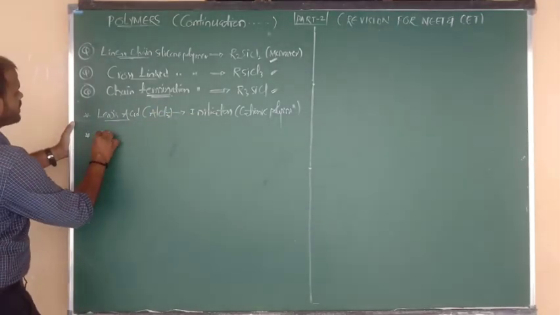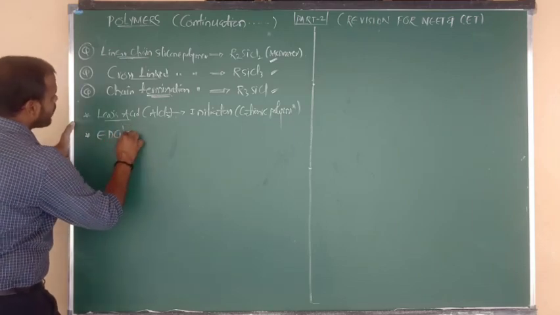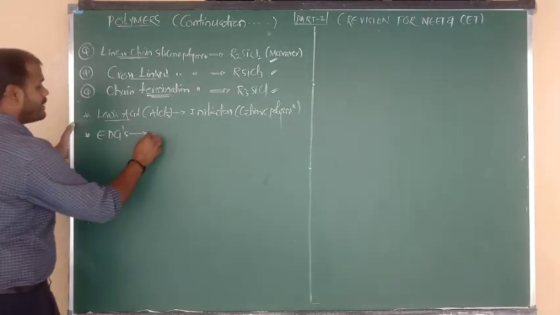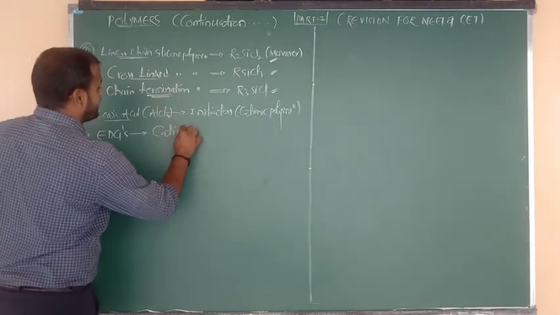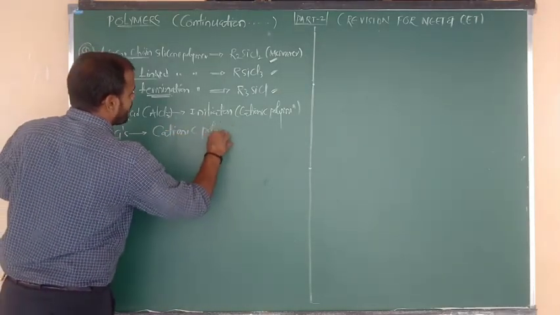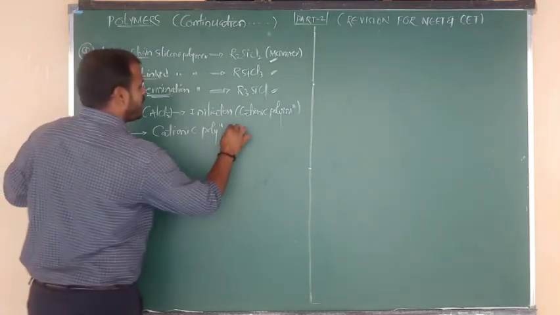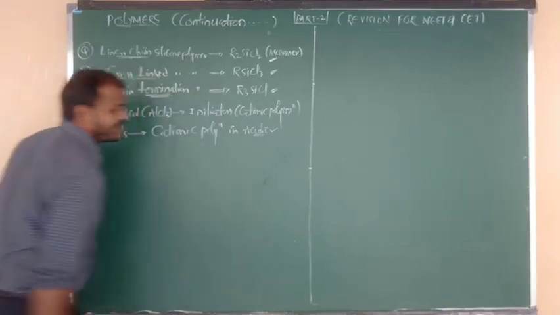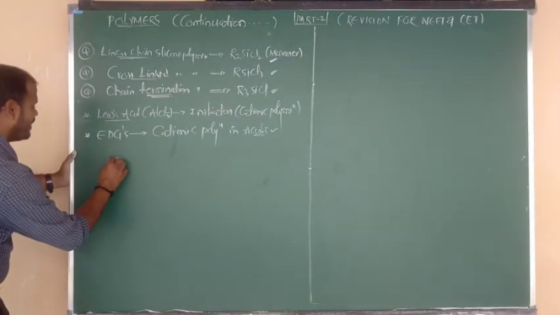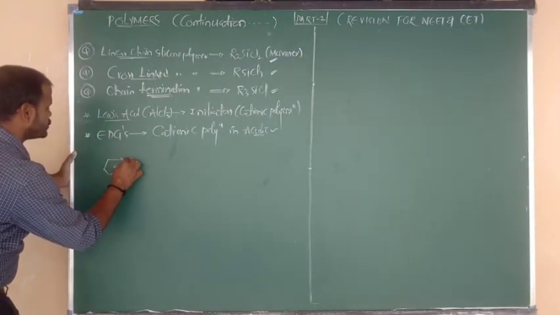And one more very important point I want to tell you. Electron donating groups, electron releasing groups, mostly favor cationic polymerization. Cationic polymerization is in which medium, beta? Acidic medium. I am going to write three examples here.